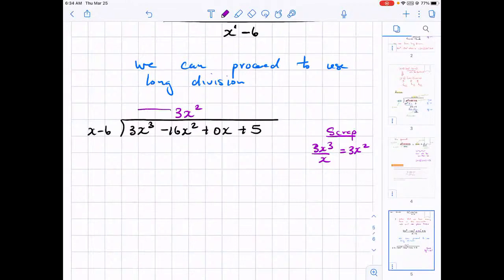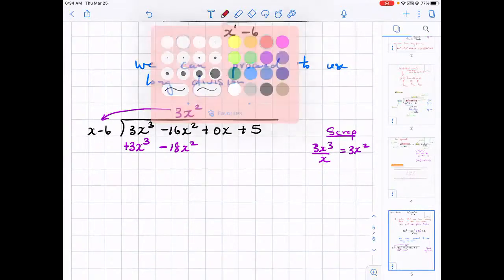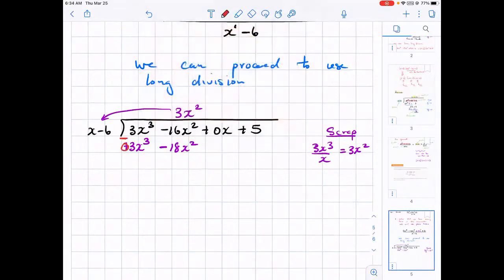And then we distribute. 3x squared times x becomes positive 3x cubed, and then 3x squared times minus 6 becomes minus 18x squared. Don't forget, we have to change the sign, so this becomes a minus, and this now becomes a plus.